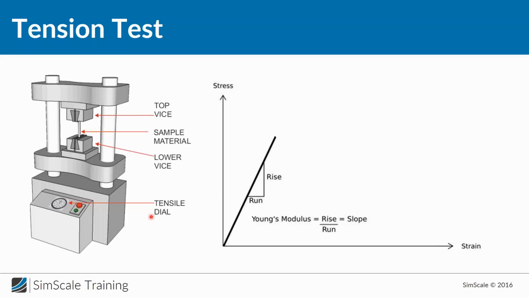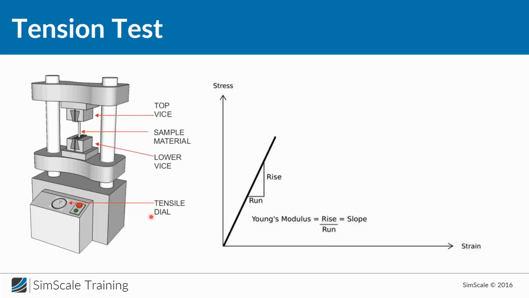If you take a look at this graph, you will see that it's linear, and if you divide the rise of the stress by the run, you will get the slope, which is our Young's modulus. So the Young's modulus is like a proportional constant, which is giving the relation between stress and strain.